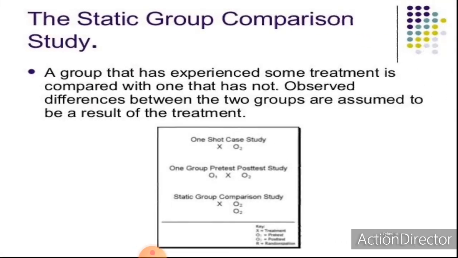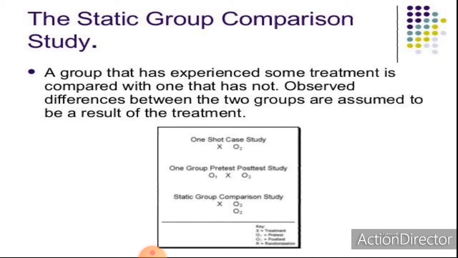Now the third pre-experimental design is static group comparison design. In this design at least two groups are involved, that is one control group and one experimental group. The researcher gives treatment to the experimental group.